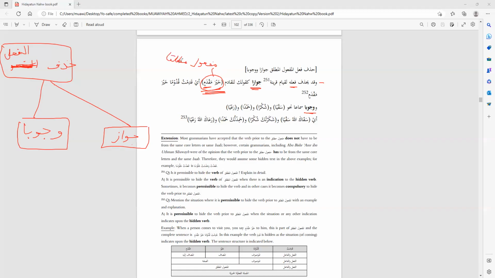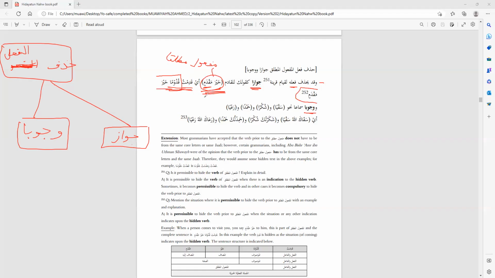Now what's the verb? Qadimtu quduman. Actually, that's not the maf'ul mutlaq. It should be qadimtu quduman khayra maqdamin. So, I came the coming of a good welcome. The actual maf'ul mutlaq is quduman khayra maqdamin, mawsuf and sifa together.